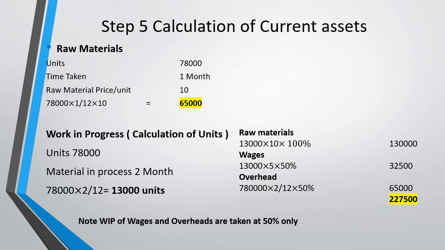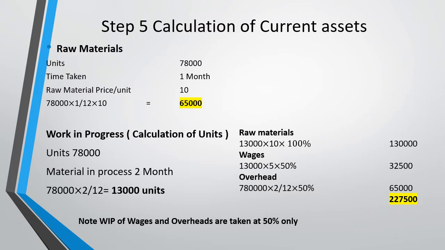Next, work in progress. The first thing you have to do is calculate the number of units for work in progress. You already have the units at the new level, 78,000. Material will remain in process, which is nothing but work in progress, for 2 months.